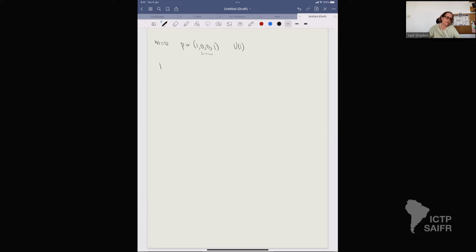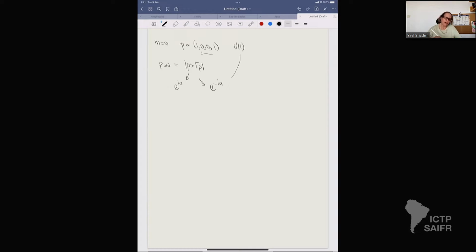So remember that we wrote P alpha alpha dot as lambda times lambda tilde. And you see that we can rephase this guy by some e to the i alpha and this guy by e to the minus i alpha. This is precisely the U1 little group that we're seeing here.